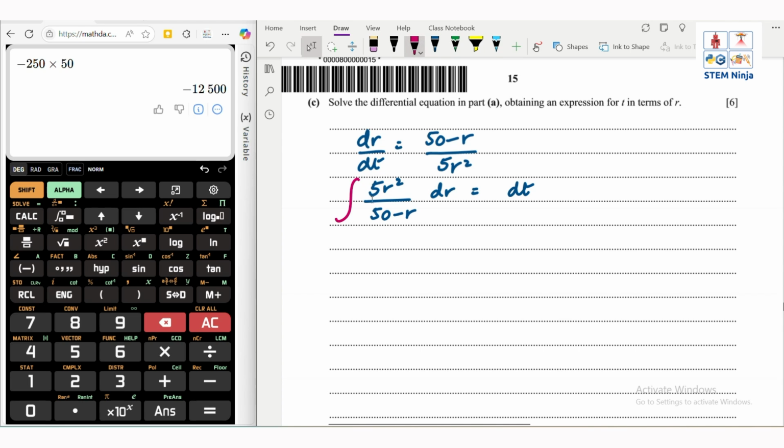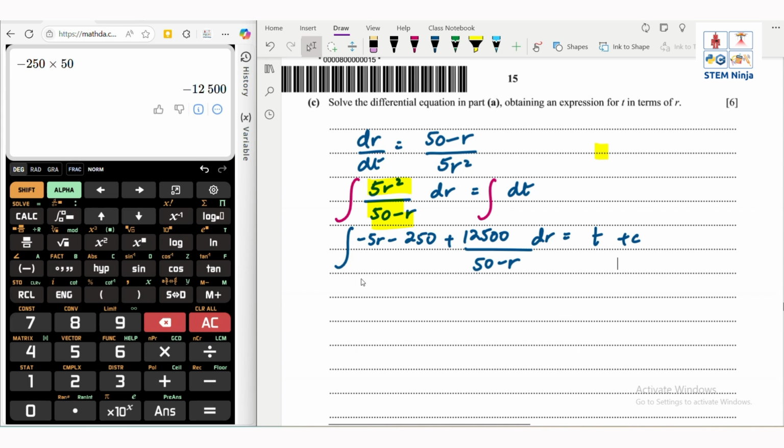So we have to integrate those. The expression on the left side over here, we have already expanded it: minus 5r minus 250 plus 12500 divided by 50 minus r dr equals t plus c.